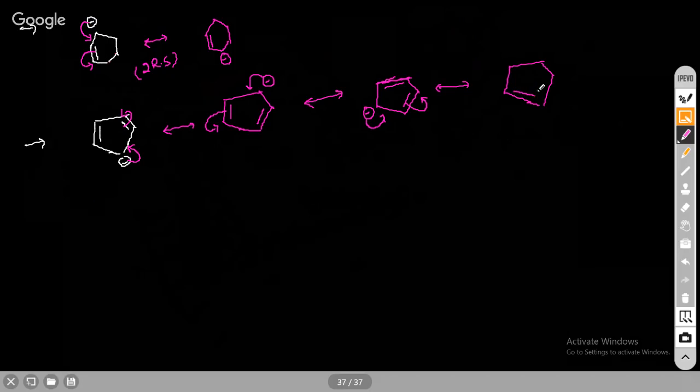So we have a double bond here. This double bond will be as it is, and here we have the negative charge. One more resonating structure is possible in this. This comes over here, and this pi electron goes here. Negative charge, double bond, and double bond.